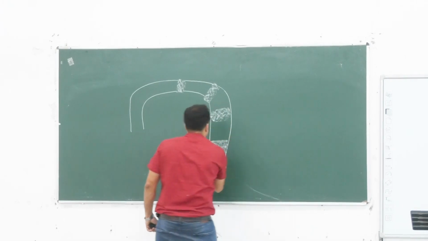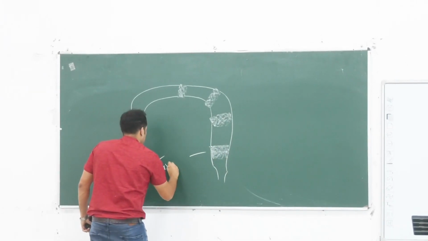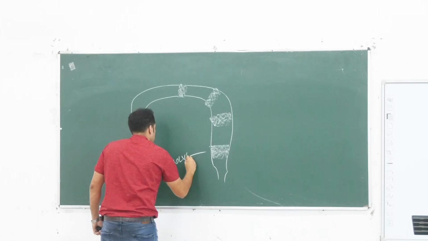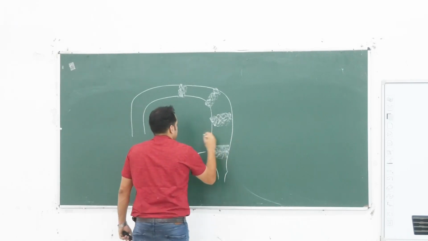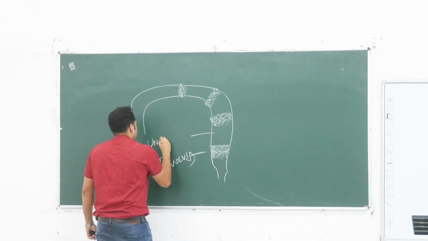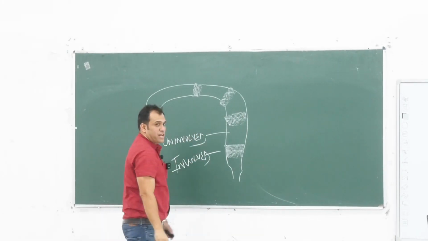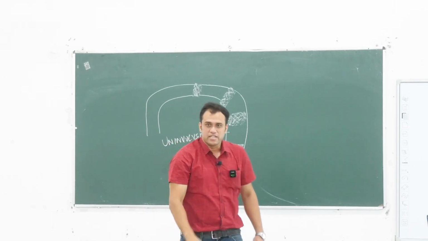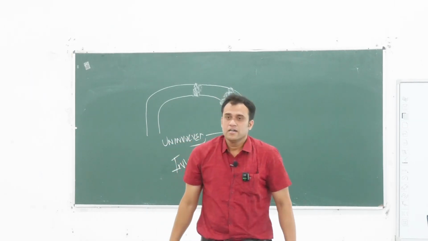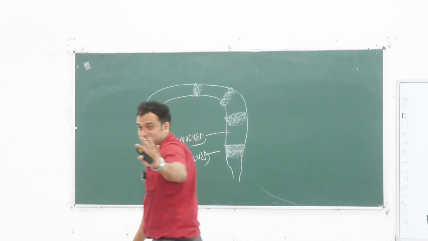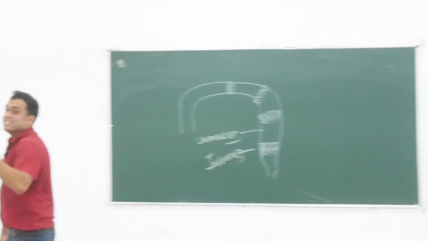So this is the involved area, and this is the uninvolved area. This is known as a skip lesion.